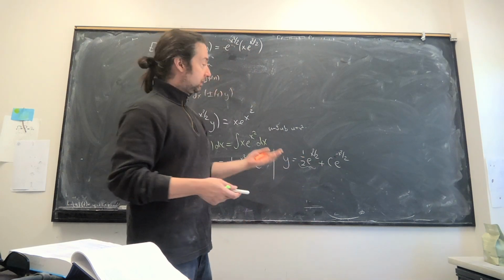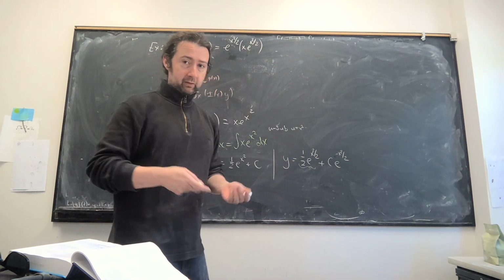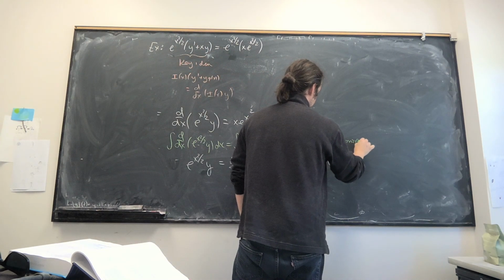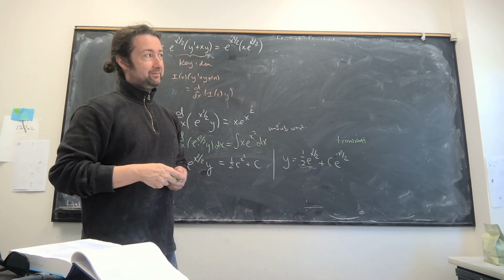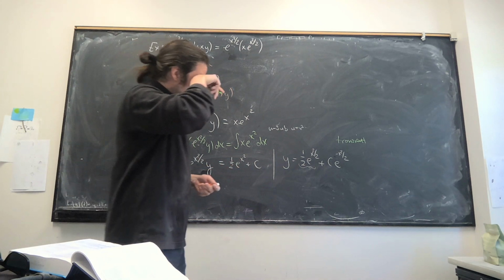And what that means is this term will disappear in the long run. In physical applications, these are called transient terms. They count at the beginning, but they sort of disappear as time goes on.